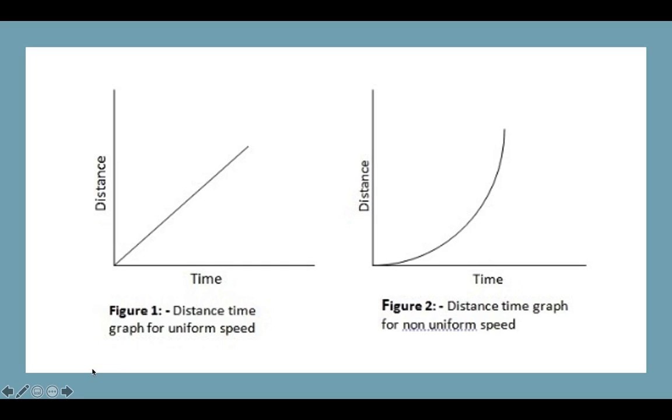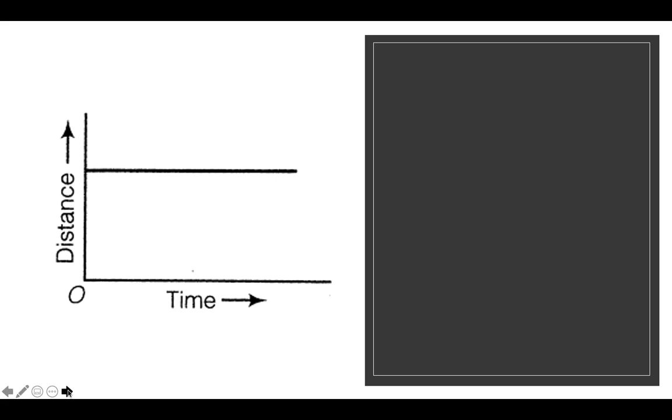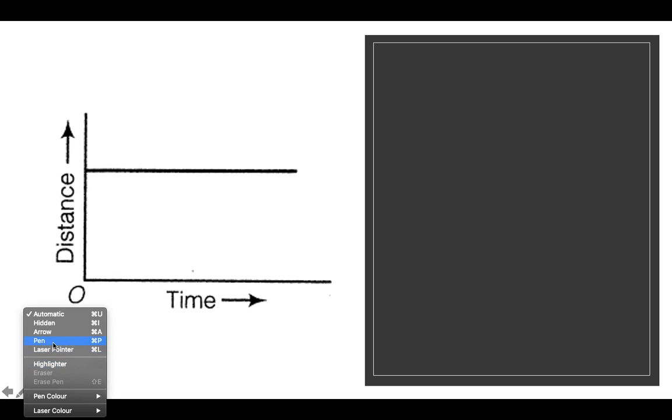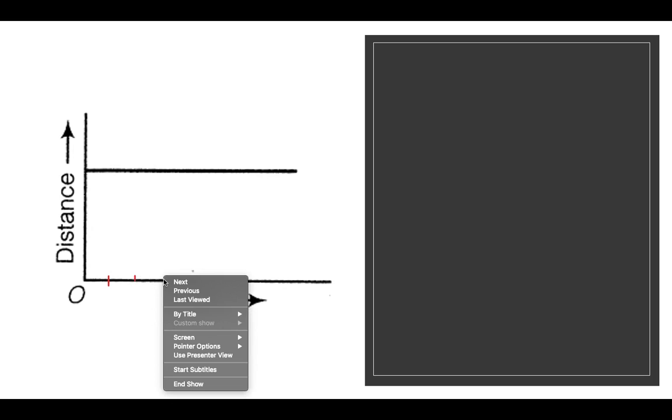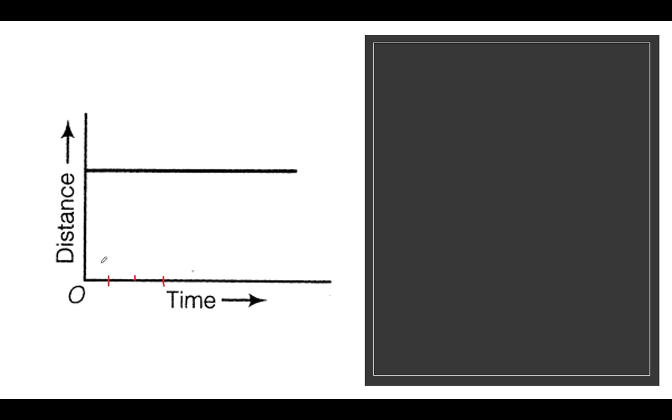Now, what does this graph represent? Just think about it. The time is increasing, zero, 1, if I just mark the readings randomly, 1, 2, 3, fine. The time is increasing constantly, but the value of distance is constant.